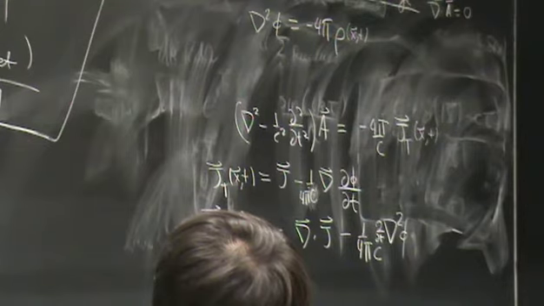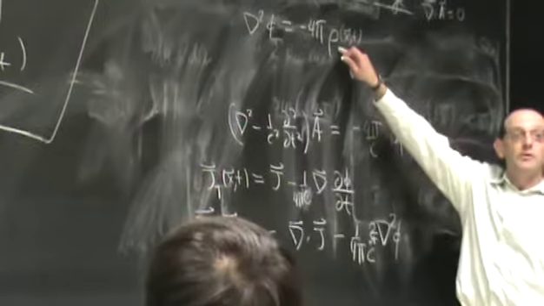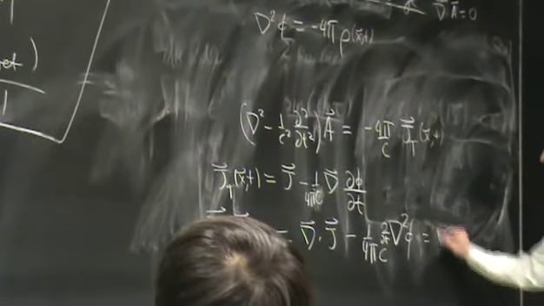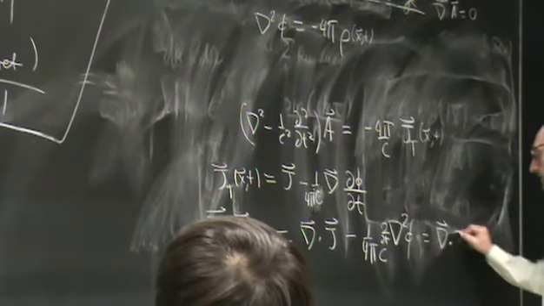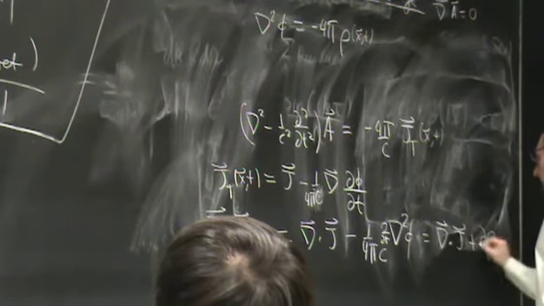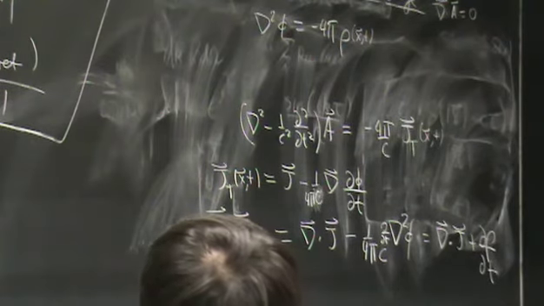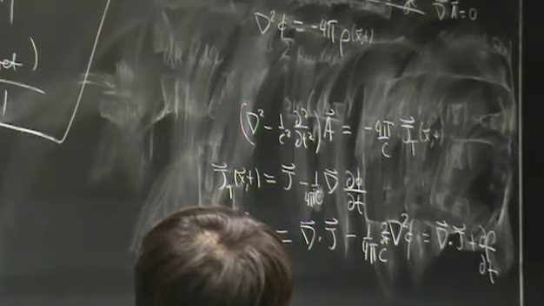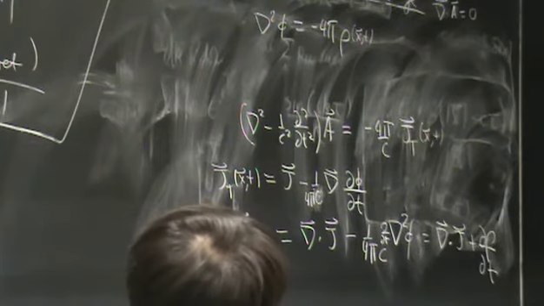But the Laplacian of phi in this gauge is minus 4 pi rho. So this is equal to del dot J plus d rho dt. But what is that? Zero, because charge is conserved.